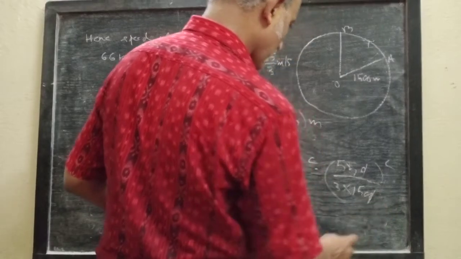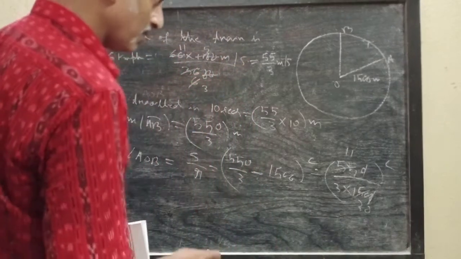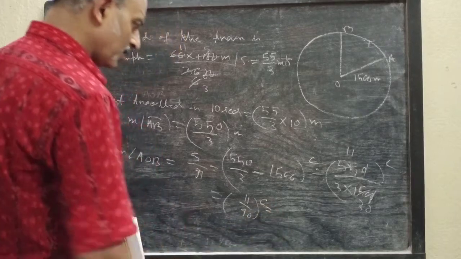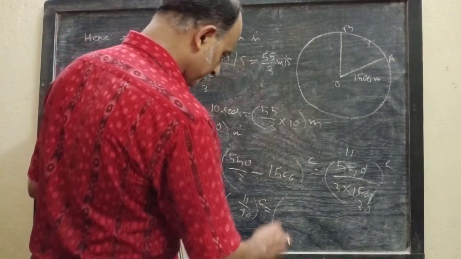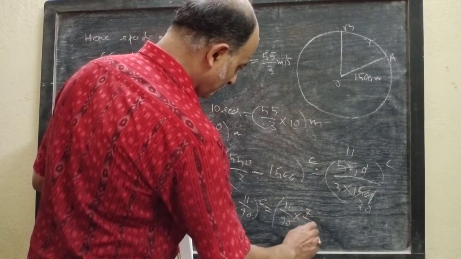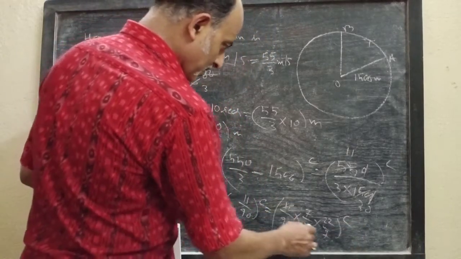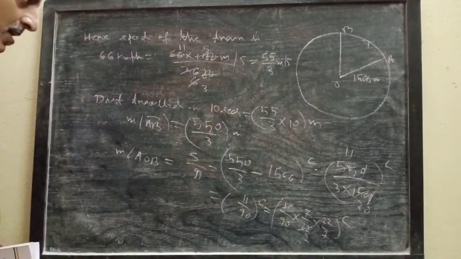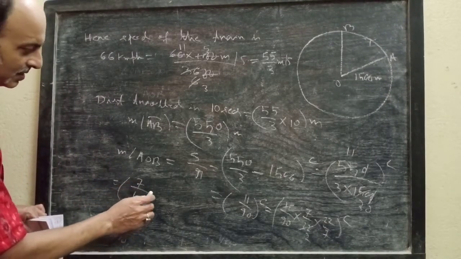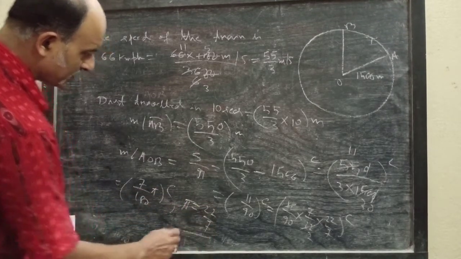Cancel 10. 5 11s are 55, 5 30s are 150, so 11/90 radian. You can write in this way also: 11/90 into 7/22 into 22/7 radian. 11 2s are 22. You can write it as 7/180 pi radian, considering pi as 22/7.